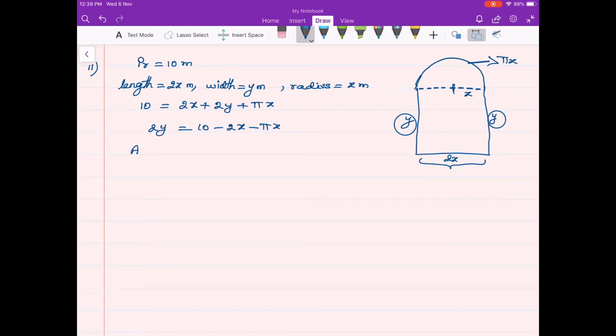Let us find the area. Let A be the area of the window, which is area of the rectangle, length into breadth. Length of the rectangle is 2x. So, 2xy plus area of the semicircle. Area of the circle is πr². It is a semicircle, so πx² over 2. Now, we will substitute for y to change it in terms of one variable.